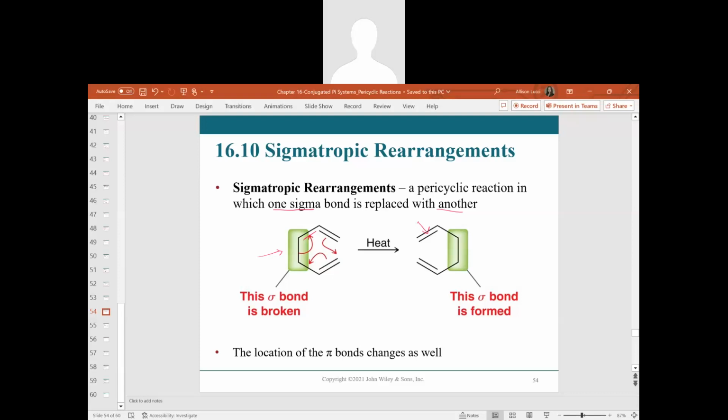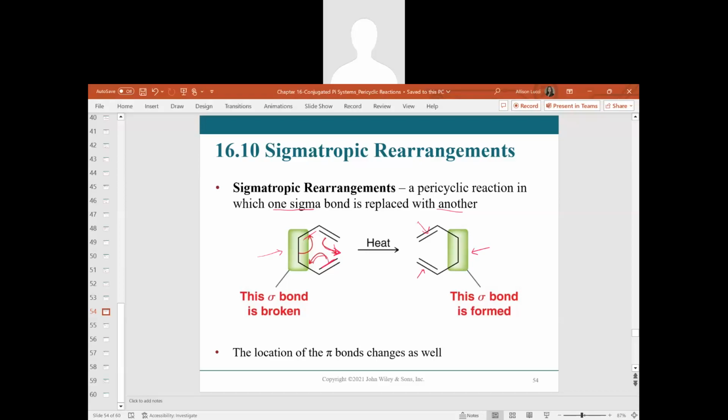At the same time, remember this is a concerted mechanism, so all three of these movements are occurring at the same time. This sigma bond is being formed over here, as we can see with this arrow, the formation of that new sigma bond. And at the same time, these pi electrons are being shifted over here, so we have formation of this pi bond.